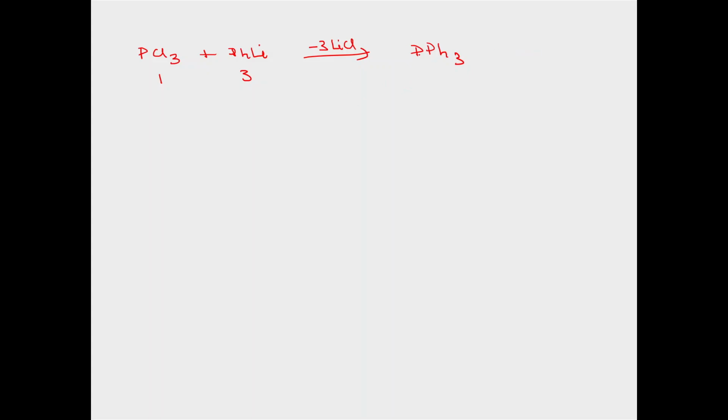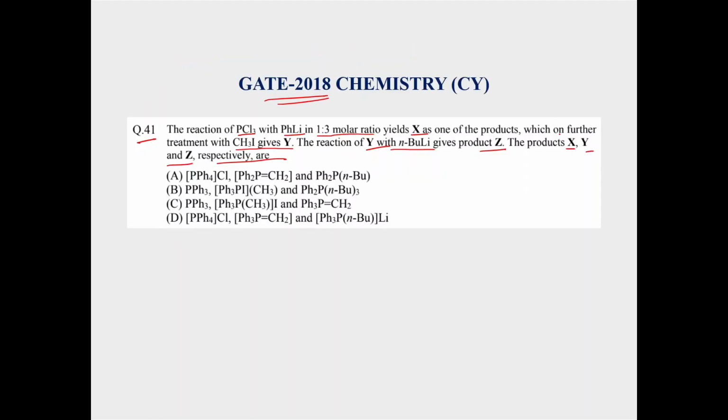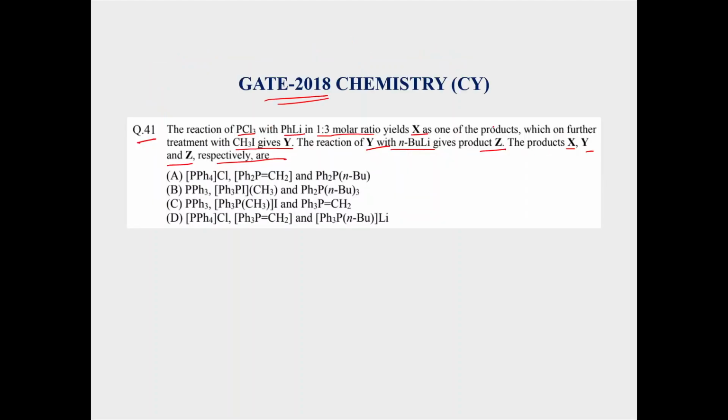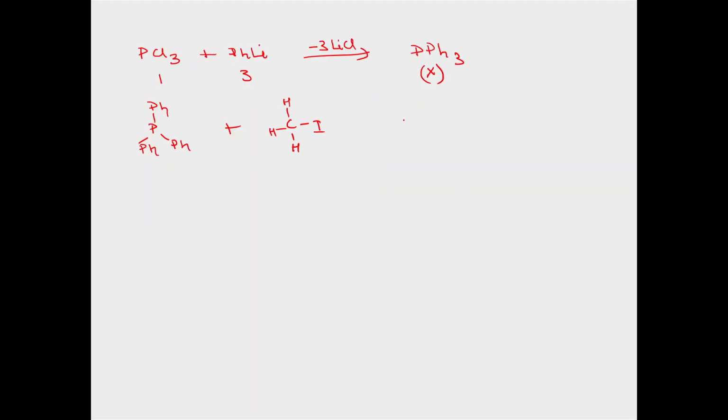So this will be our X. Then later on what they are saying is, which on further treatment with CH3I gives Y. So the further treatment of PPh3 with CH3I, we are getting Y.